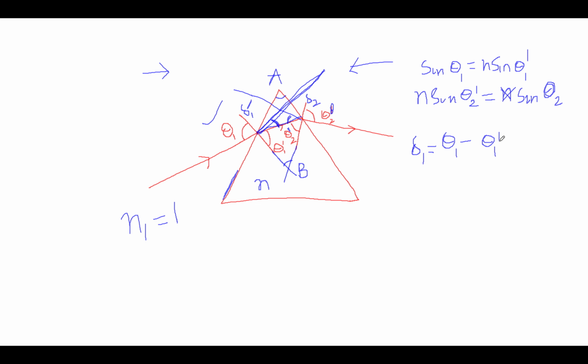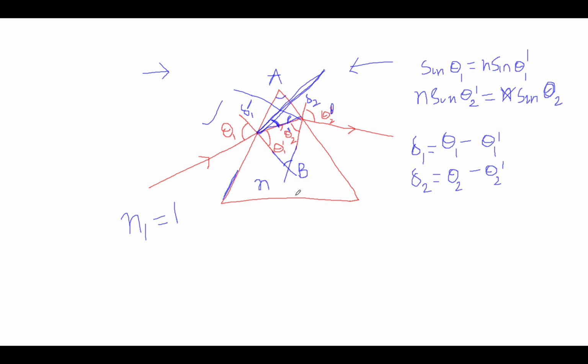So the deviation for the first beam is this. Similarly, you can define a deviation delta 2 as well. That is, it is incident at theta 2 minus theta 2 prime. So these are just the deviations, delta 1 and delta 2, that we talked about.